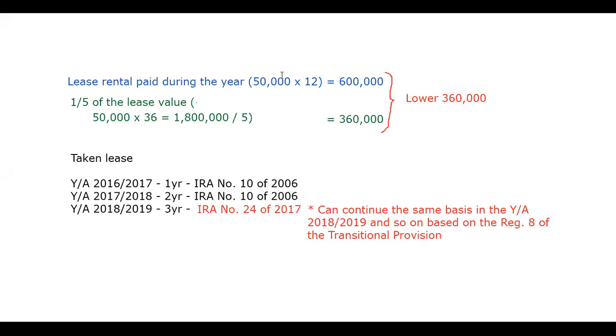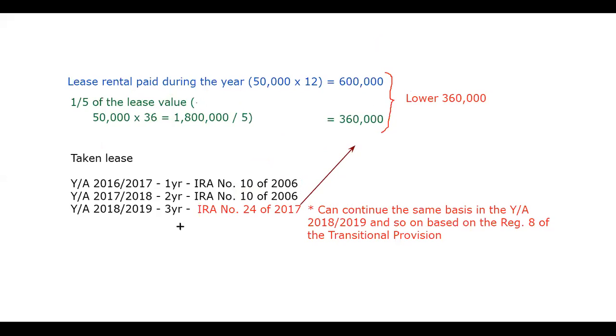That means what we have discussed here, this calculation mode, whatever method we apply, we can continue. No worries, they can continue the same because the transitional provision says that you can continue the same basis. Therefore, you can continue in the year of assessment 18/19, and also in 19/20.